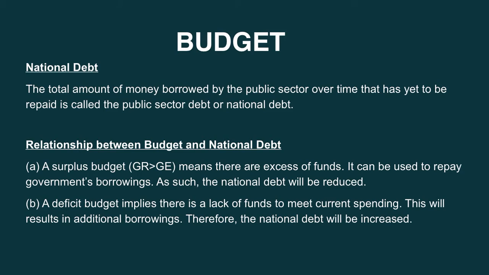Whereas a deficit budget suggests a lack of funds, insufficient funds to meet the current spending. Therefore, the government is compelled to borrow. So this may increase the national debt. These are the relationship between a budget and the national debt.